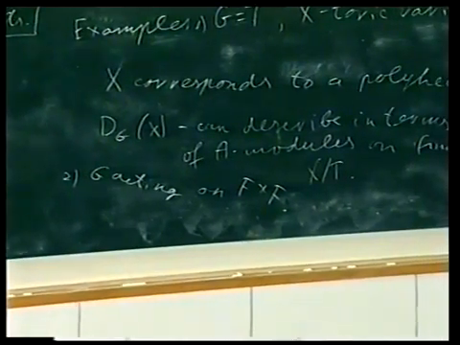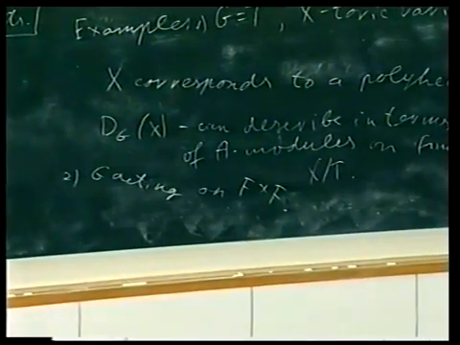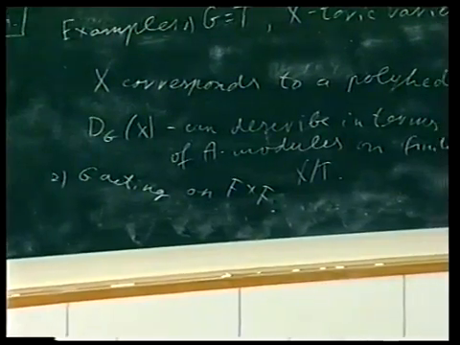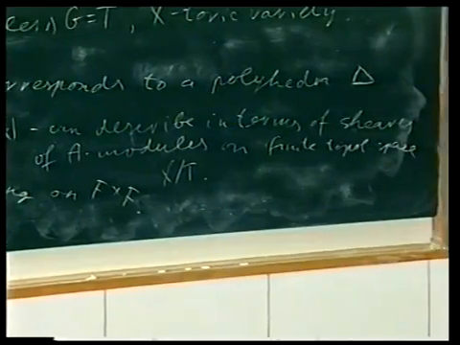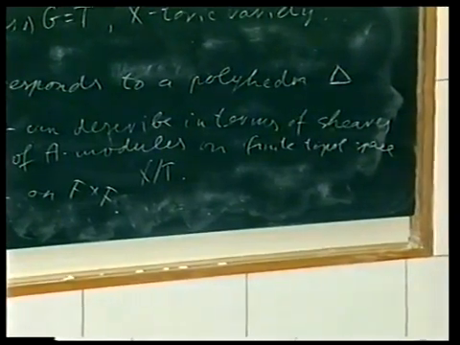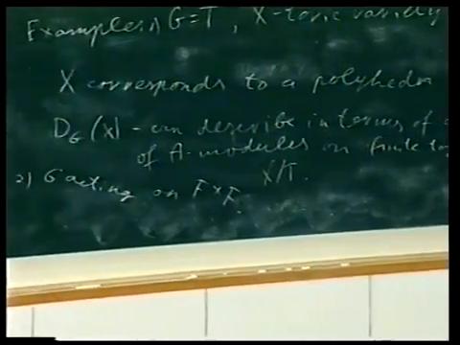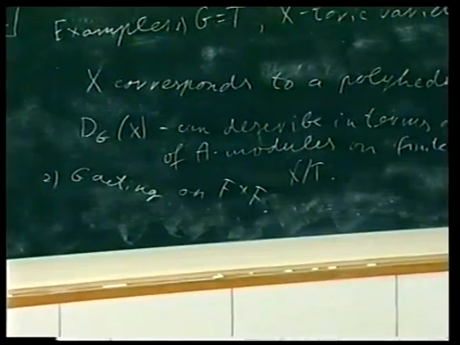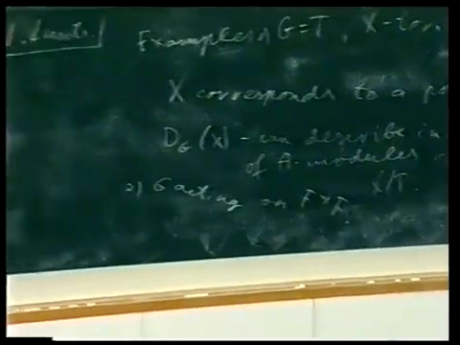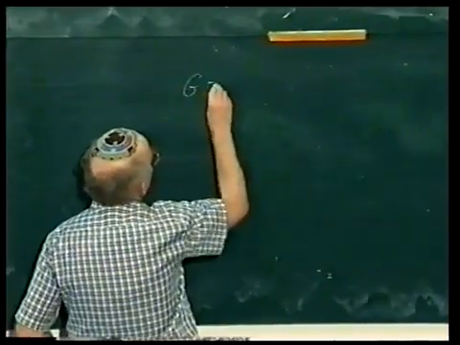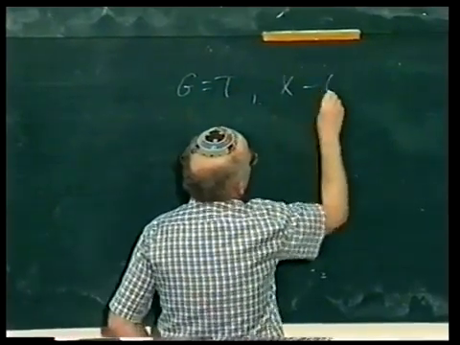Now, just one more thing I want to say. Another thing which I think is interesting here is an extension of the first example. So consider G equal to T, and X a toric variety.